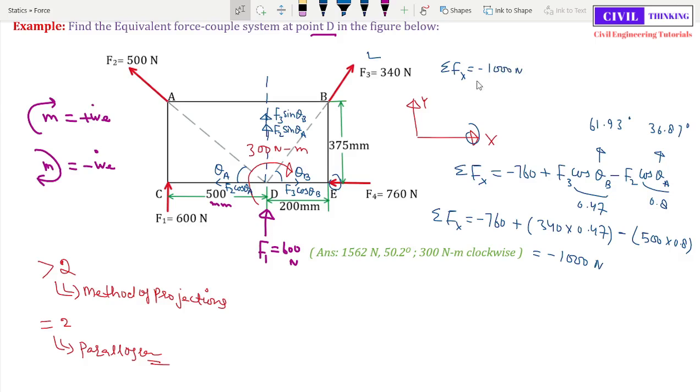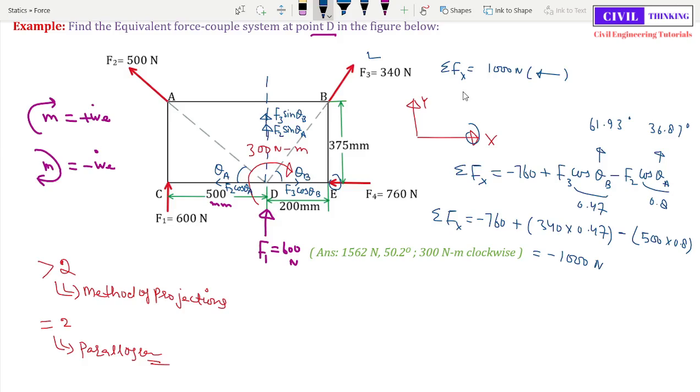Now negative means what? Negative means opposite to this direction, so I will erase the negative sign and just write an arrow here in this direction. Now in the same way we will find the summation of forces in the y direction, all of these forces in the vertical direction. Let me first write the value of theta b and theta a, because we will be needing these values when we find the forces in the vertical direction.